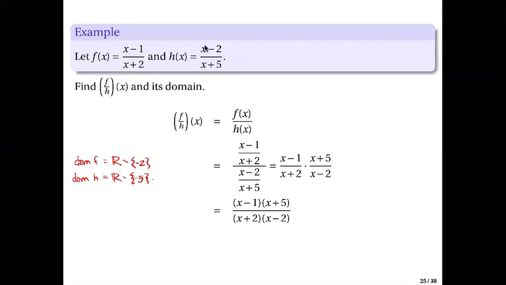So we need the x that will make h of x equal to 0. You have h of x equals x minus 2 over x plus 5. This is equal to 0 if x minus 2 equals 0, which implies that x is equal to 2. Meaning, h of x will be equal to 0 when x equals 2.